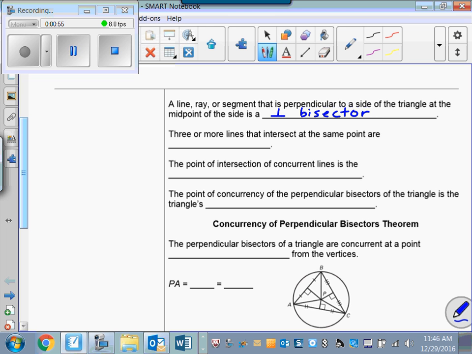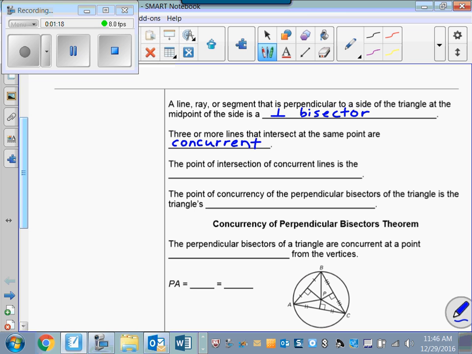All right, if we have three or more lines that intersect at the same point, we call them concurrent. Typically when you think of the word concurrent, you think of something that's going on at the same time. Well, when we are talking about concurrence in lines, all these lines are going to intersect at some point.